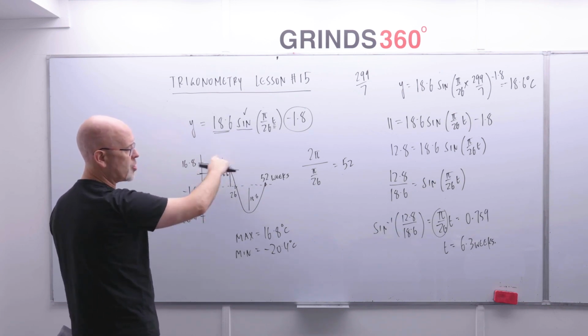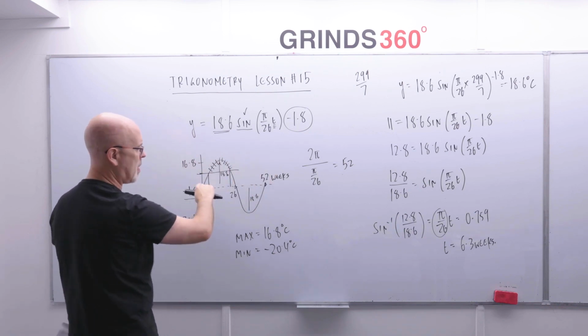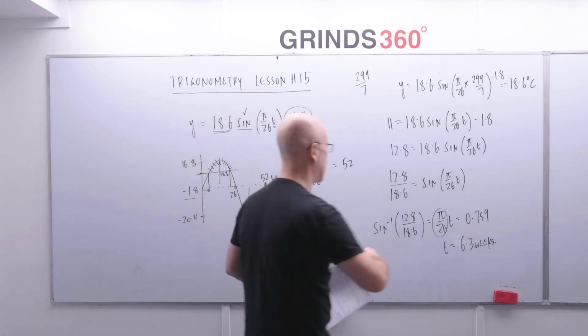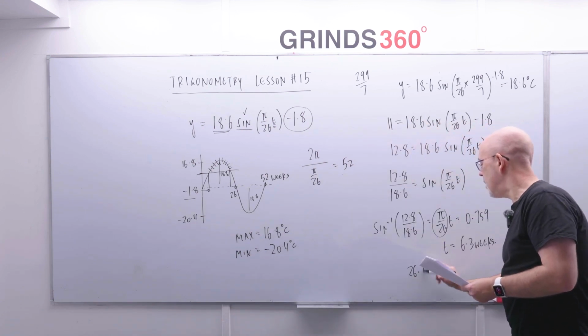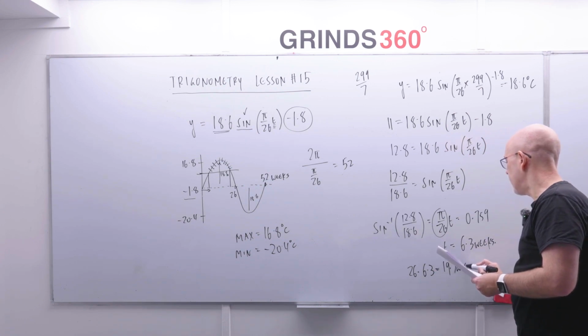That's the bit that's symmetrical, right? If I draw a line down here, the right and left-hand side of the entire graph are not symmetrical, but this bit is. So it's 26, take away 6.3 would be the second time. So 26 minus 6.3 is equal to 19.7 weeks.